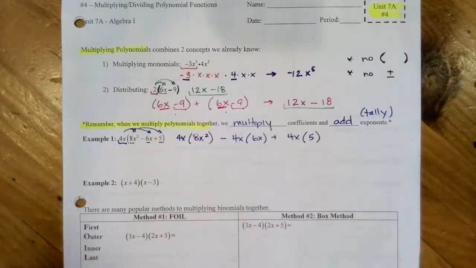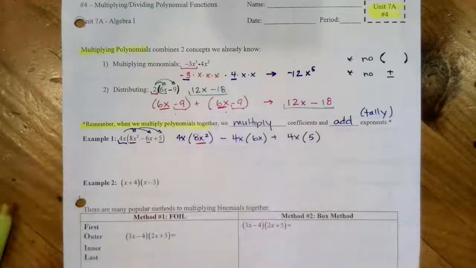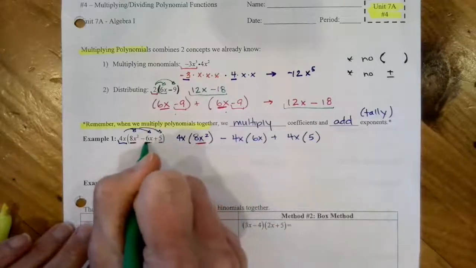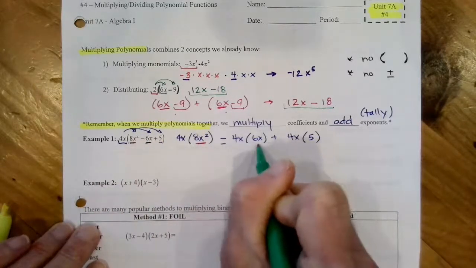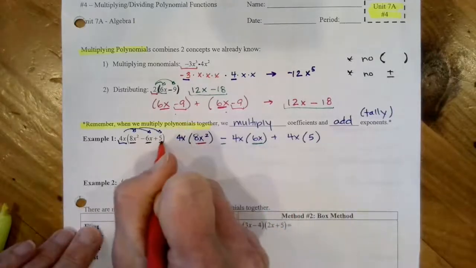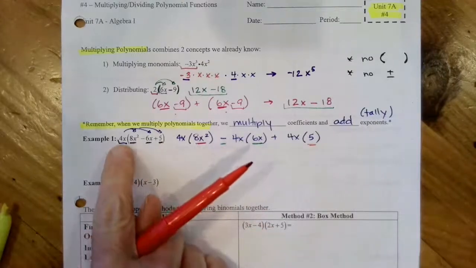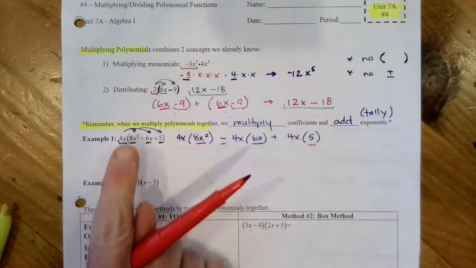So you can see each of the different terms here. Here's my 8x squared. Here's my negative 6x, there's my minus and my 6x, and then my 5 is right here. So I've shared out the 4x to each of these terms.